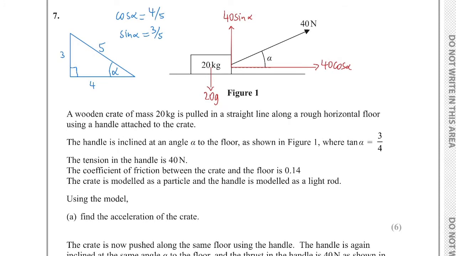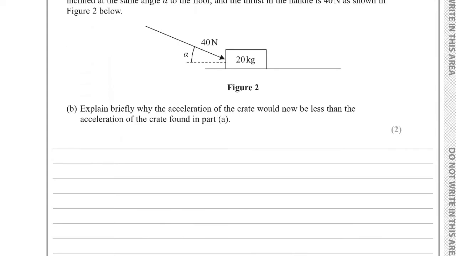We know that we have a normal reaction force here. I will call it R. We know that the coefficient of friction between the crate and the floor is 0.14. So to start off with, we can say that R plus 40 sine alpha is equal to 20g.